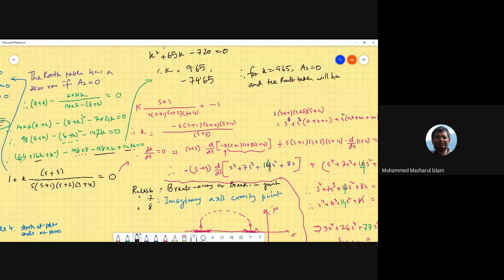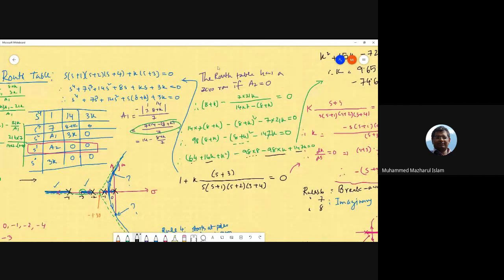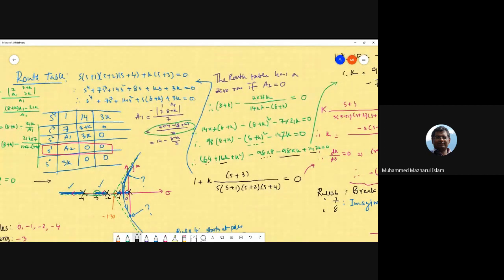All right, now once you confirm that the 0 row occurs for a positive value, now it's time to find out the crossing points. Now again let's mark this row as the 0 row, because now we have confirmation that indeed for a positive value of k there will be a 0 row.